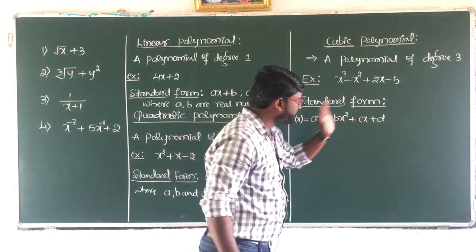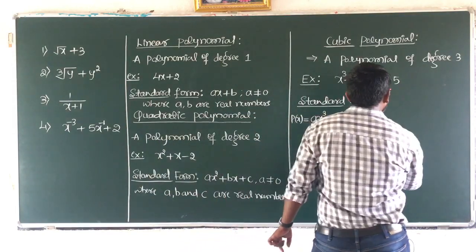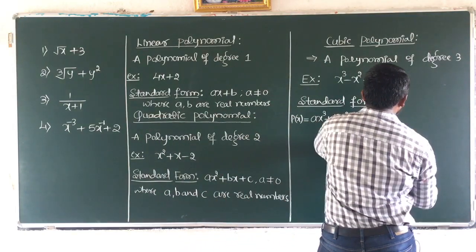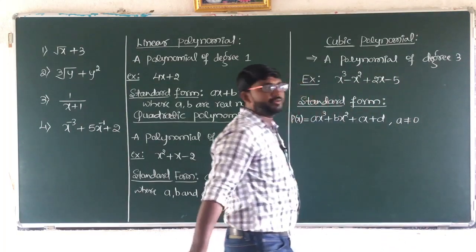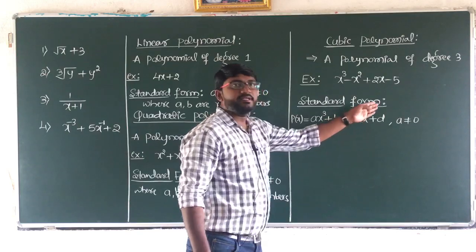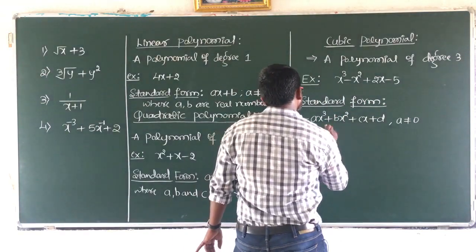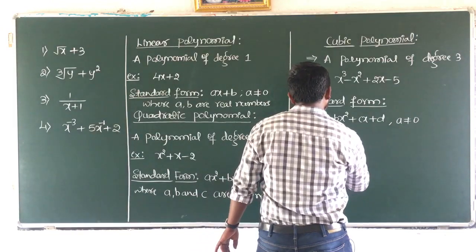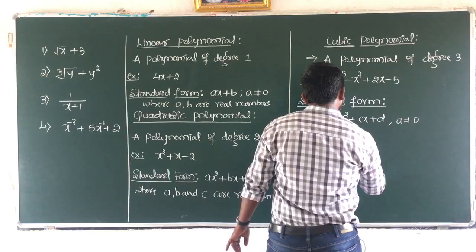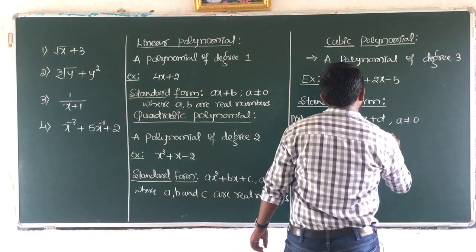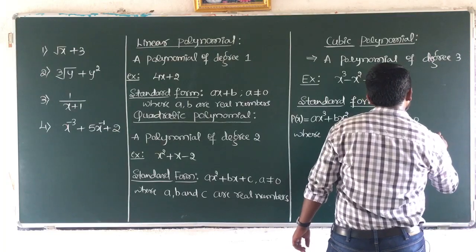So this is the standard form of a cubic polynomial, and here a must not be equal to 0. So here a, b, c and d are real numbers.